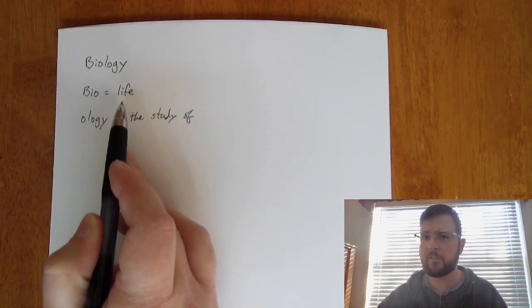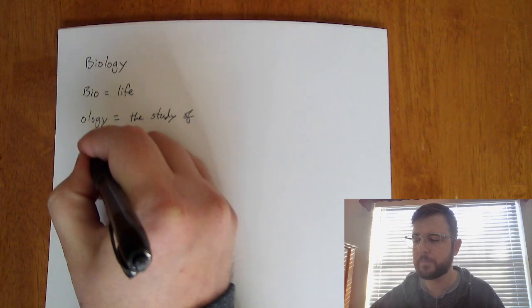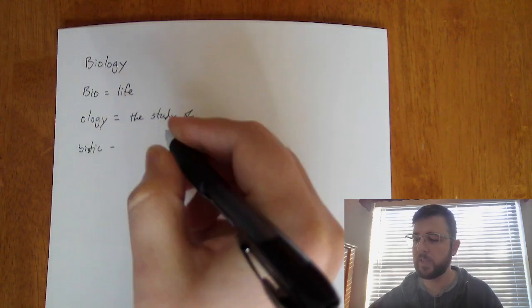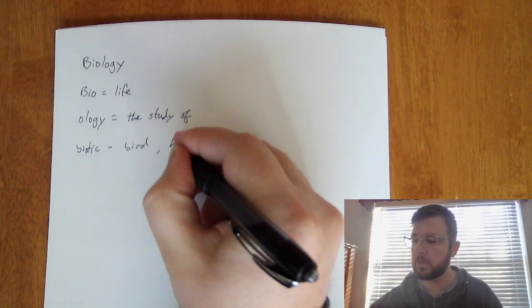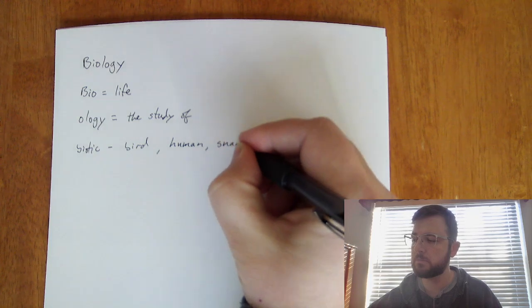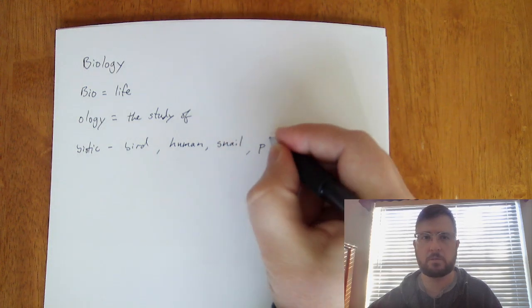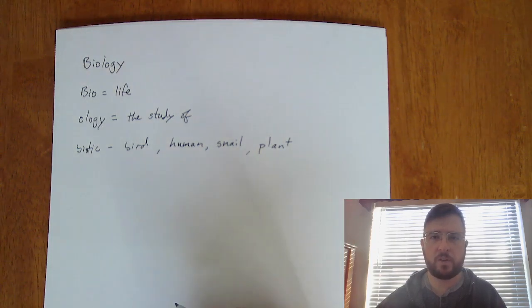You could probably think of a lot of things that are living, or biotic. We could think of a bird as a living thing, a human, a snail, a plant. There's lots of different things that are living.